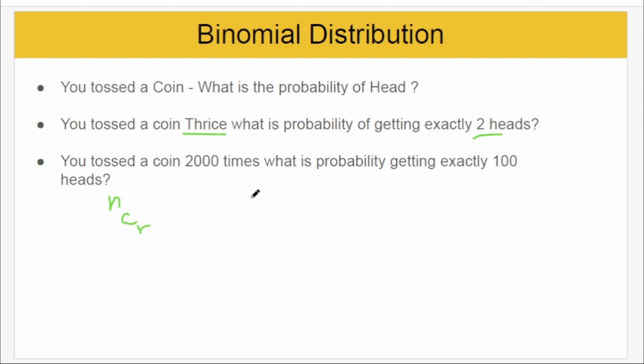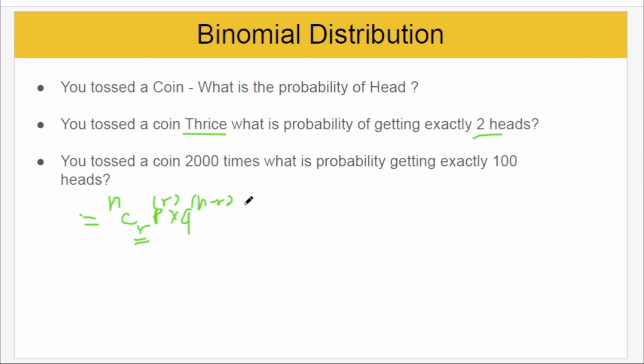Either success, success, failure, or failure, success, success, or success, failure, success. Only n choose r ways. But the probability of each individual outcome is the probability of success raised to r, into the probability of failure raised to n minus r. This is the formula of the binomial distribution, correct?